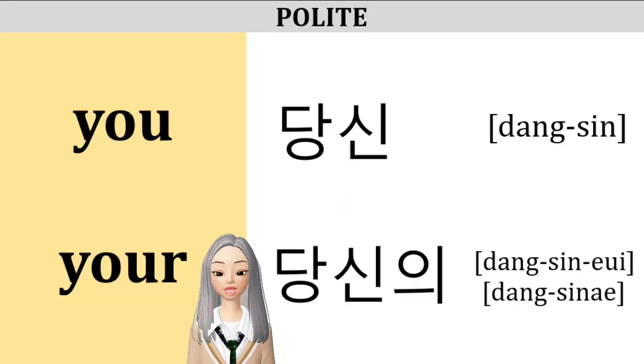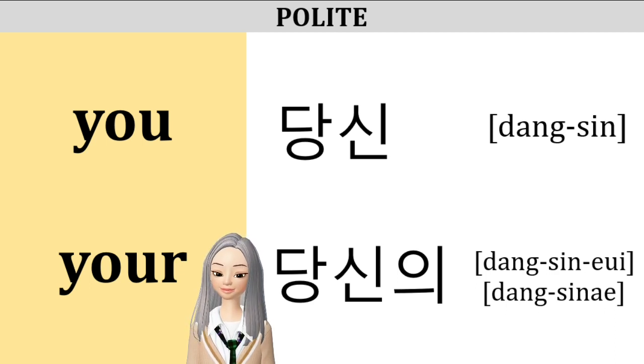Now let's see you. Polite form first. You politely said is 당신. If you make that into a possessive form, your, it becomes 당신의.